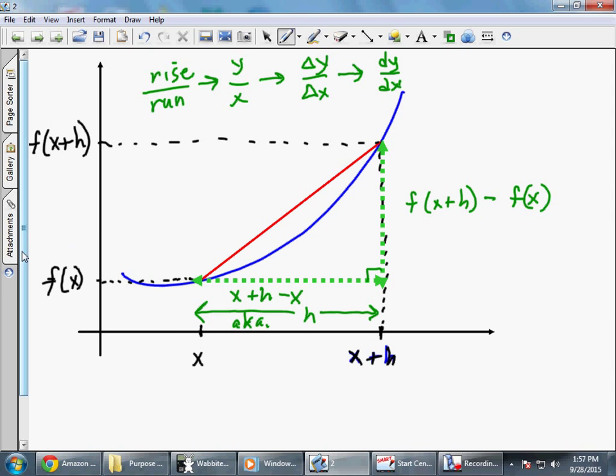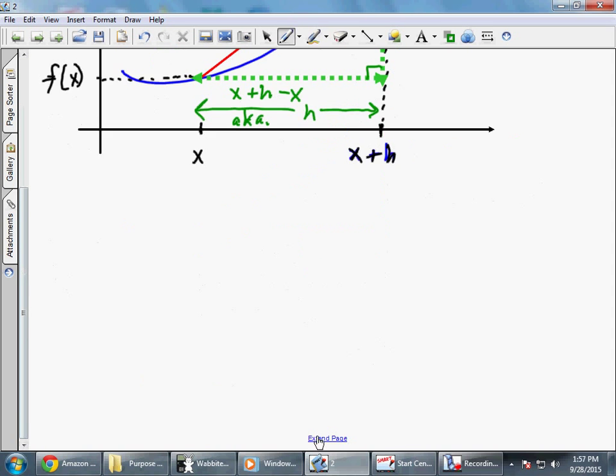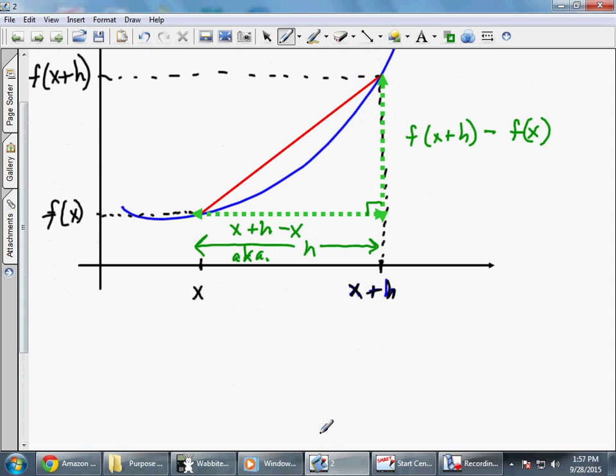So then we could say the slope of the secant line. This is like the core of calculus. This is so fundamentally powerful. The slope of the secant line, we'll call that m sub secant or whatever, equals then what?